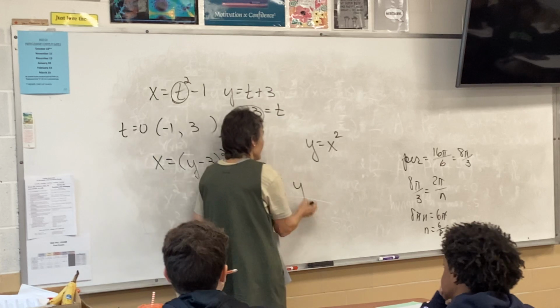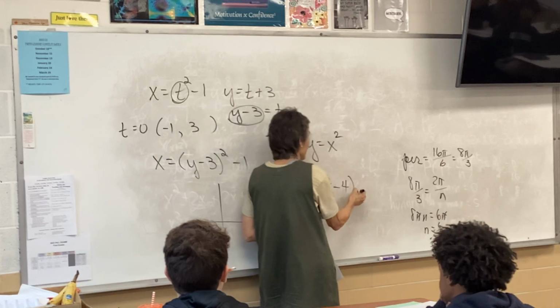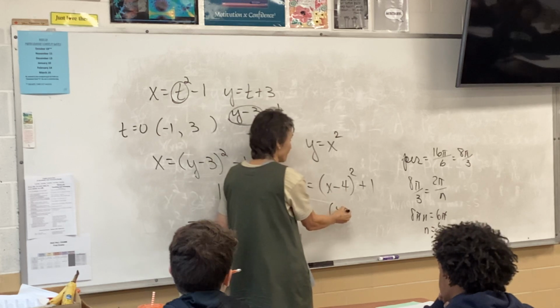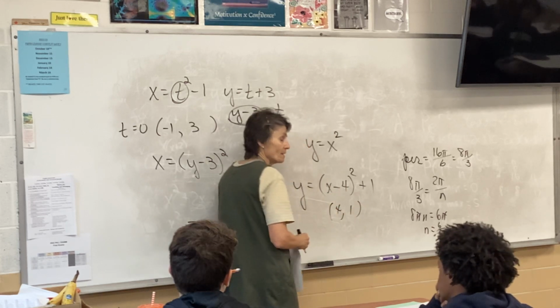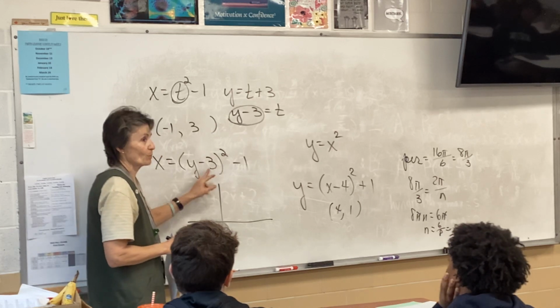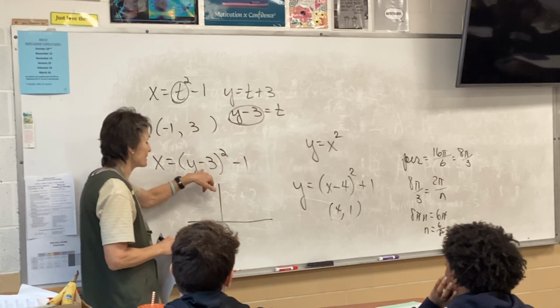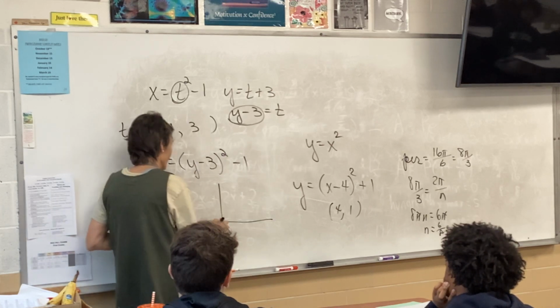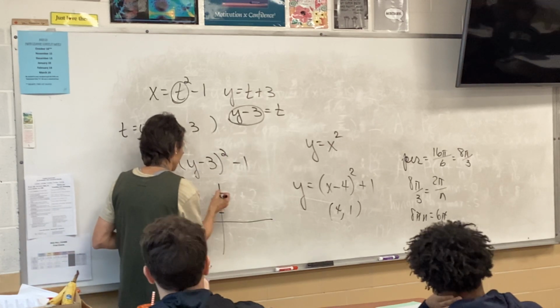Think about this kind of thing. Where's the vertex of this? Isn't it right 4 and up 1? This is exactly the same concept, but your variables are switched. So this is your y, and that's your x. So left 1, up 3.